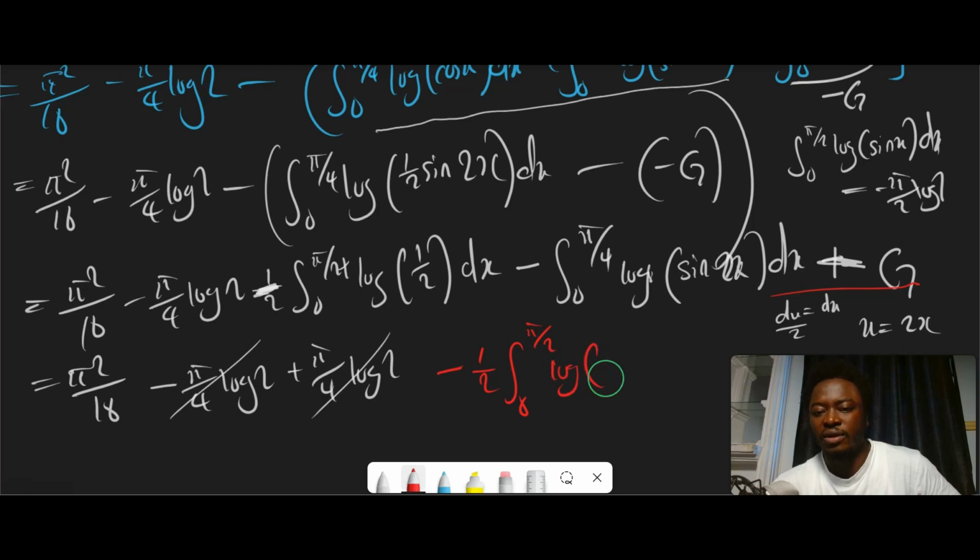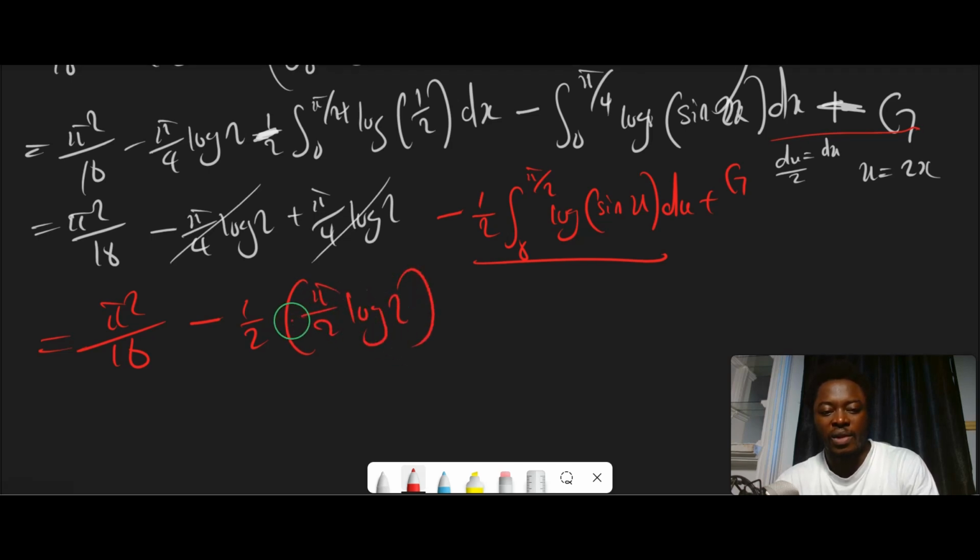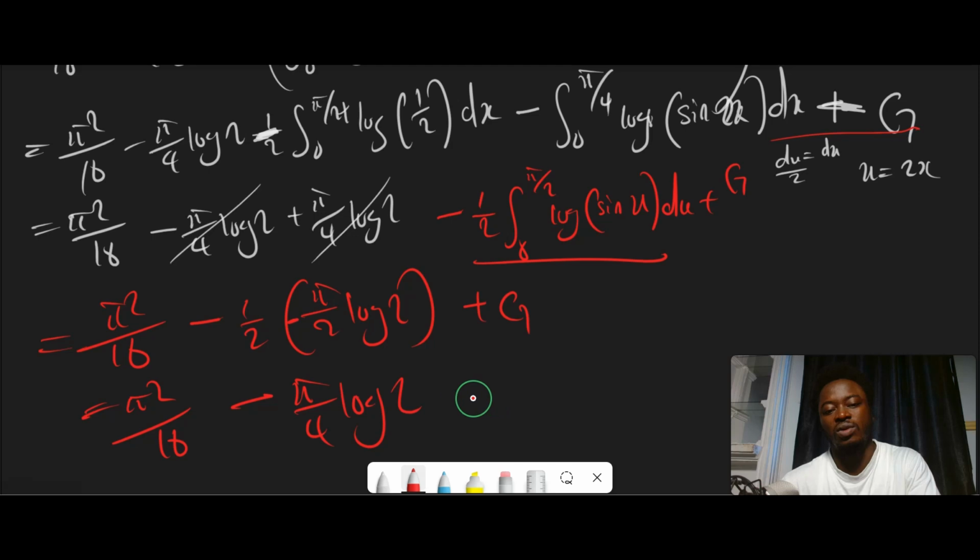But you have a logarithm of sine u du plus G. Okay, so when we proceed, you will have pi squared over 16. Then you have a minus, this is well known, half of negative pi over 2 log 2. Then you have plus G. So you have pi squared over 16 minus pi over 4 log 2 plus G.